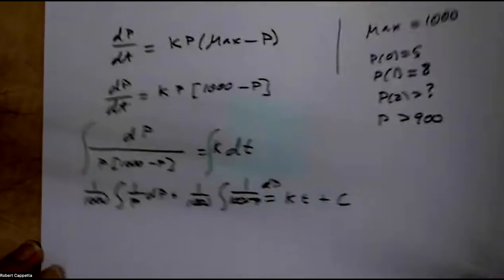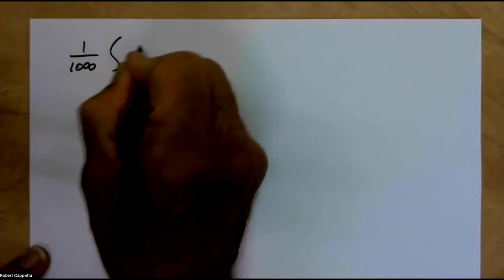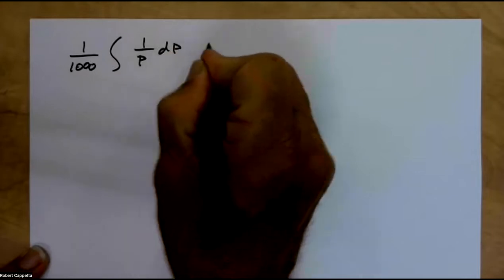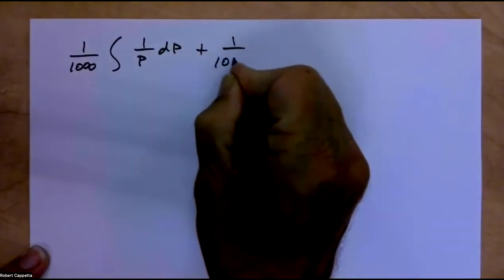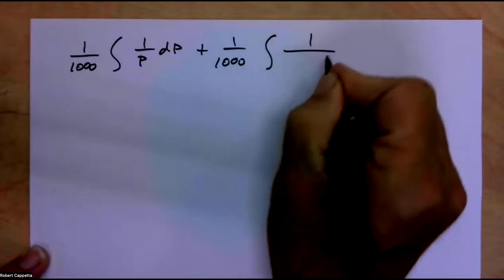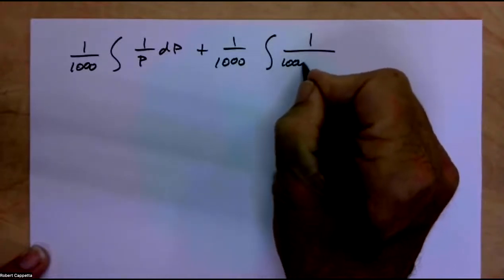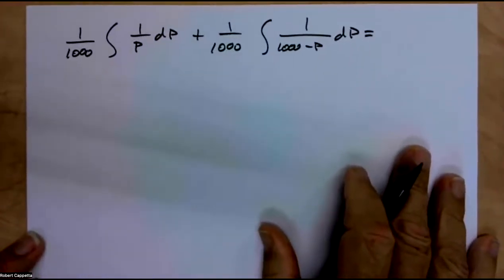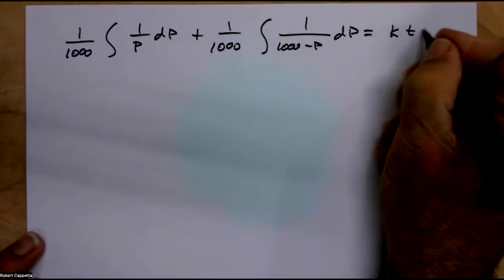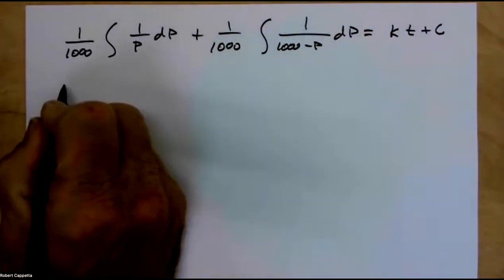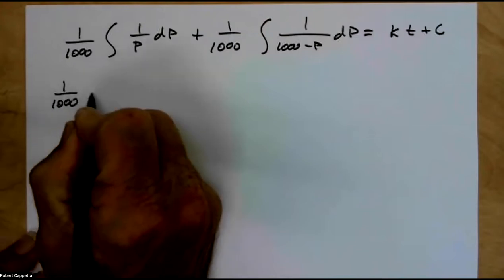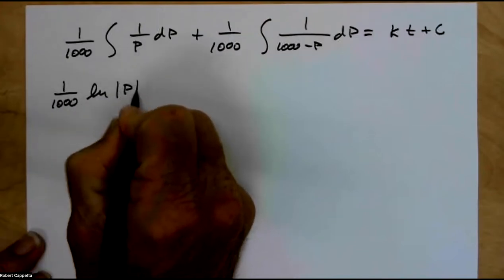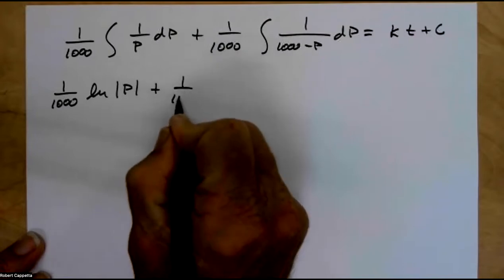So let's clean that up a little bit. Where are we at? 1 over 1,000 integral 1 over P dP plus 1 over 1,000 integral 1 over (1,000 minus P) dP equals, the right-hand side was kt plus C. Integral of 1 over P is just log P. So 1 over 1,000 natural log absolute value of P plus 1 over 1,000.